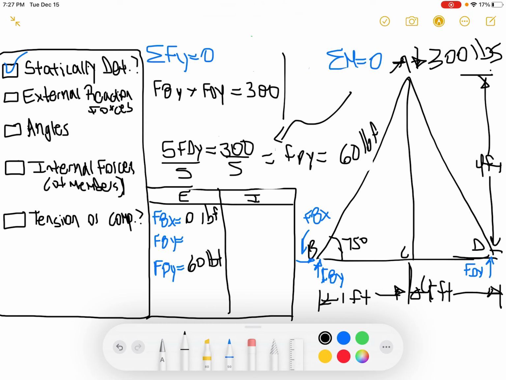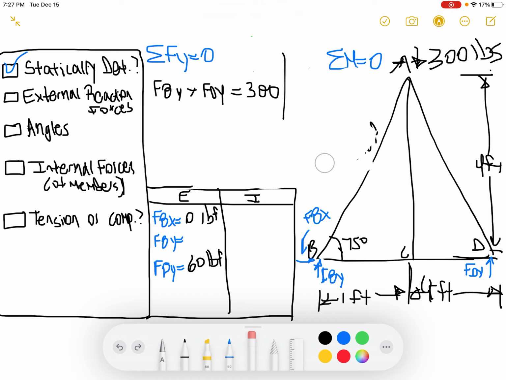So remember, our final goal is to find all the external and internal forces. Right now, we're just on the second step. We need to find FBY now. Going back to this, that feels like that was ancient times, but we need to go back to the sum of the y forces equation and add that.